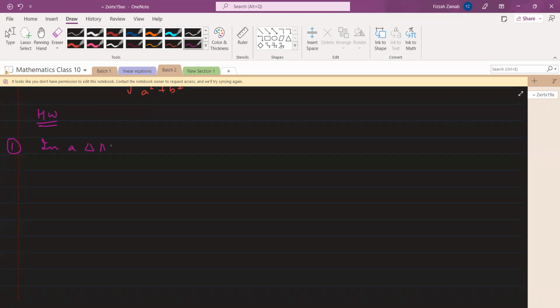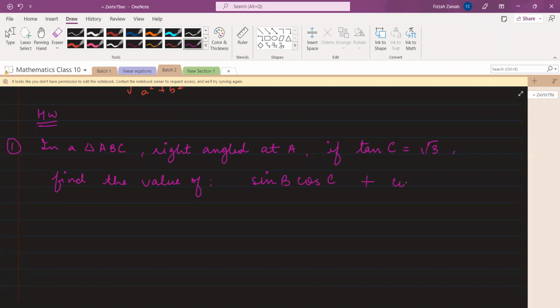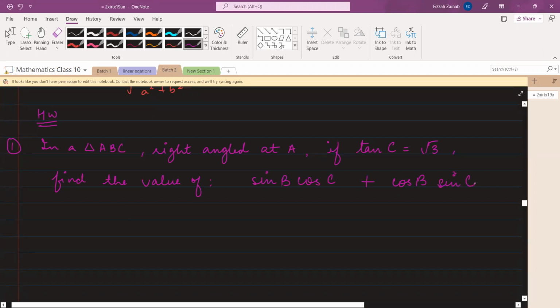In a triangle ABC, please note, right angled at A, if tan of C is under root 3, find the value of sine B cos C plus cos B and sine of C. Now please solve it right here.